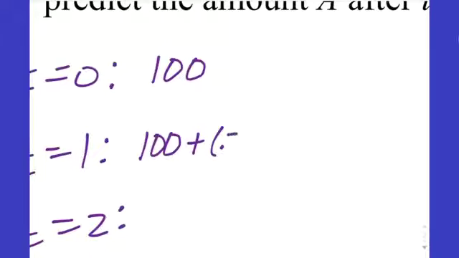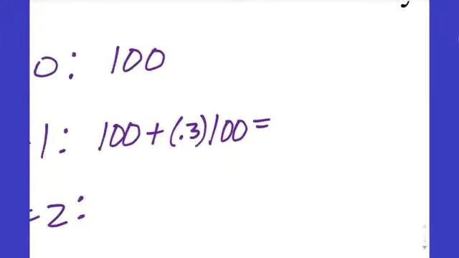So that'll be 0.3, that's 30% as a decimal, times 100. Is that true? That's kind of how you figure out tax on a bill, right? You get the subtotal, and then you have the percentage, like 0.825 times that. Subtotal gives you the amount of tax, and then you add them back together. So we got $100 that we started with plus 30% of 100.